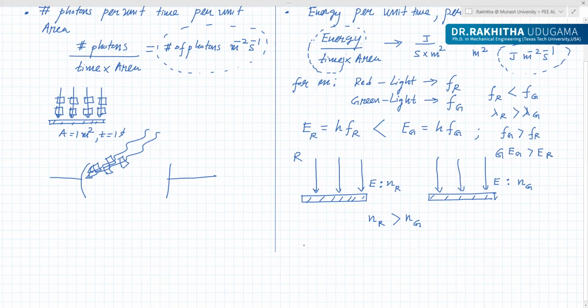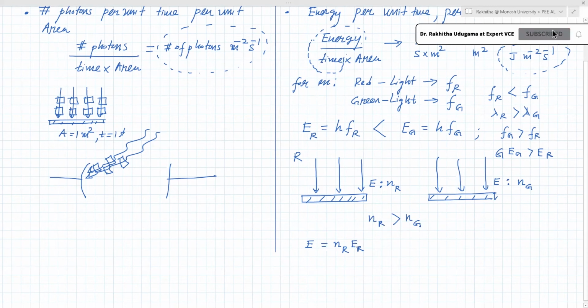So in other words, we can write E is equal to N_R times E_R. That makes sense, right? So this is the photon energy of a red quanta and the number of photons here.